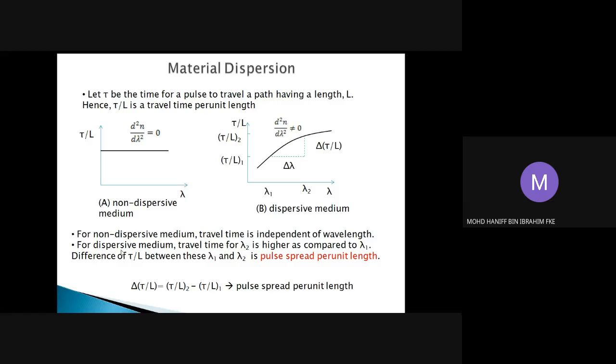But for a dispersive medium, where the refractive index depends on the lambda, the travel time for lambda 2 is higher as compared to lambda 1, as evidently shown here. The time difference between these two wavelengths, delta tau over L, is what we call the pulse spread per unit length, which is the difference between tau over L subscript 2 minus tau over L subscript 1.